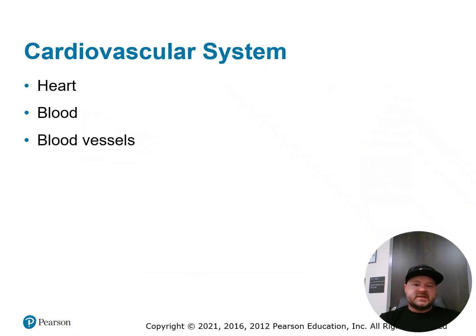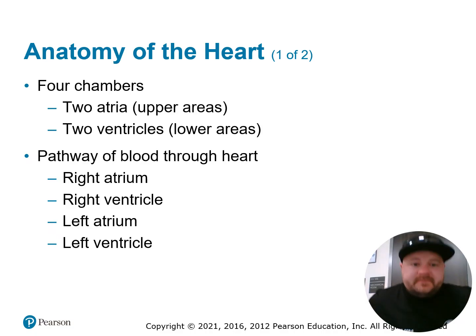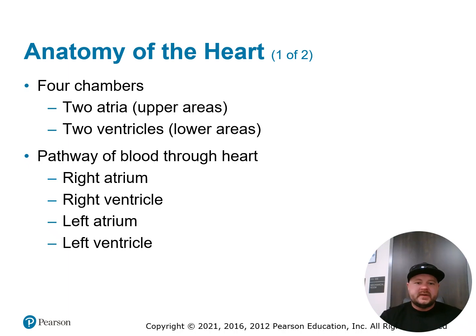Our cardiovascular system, so we have our heart, blood, and blood vessels. So anatomy of the heart, there are 4 chambers. We have 2 atria, that's the upper area, and then 2 ventricles in the lower area. So when we're talking about both atria, it is the atria.